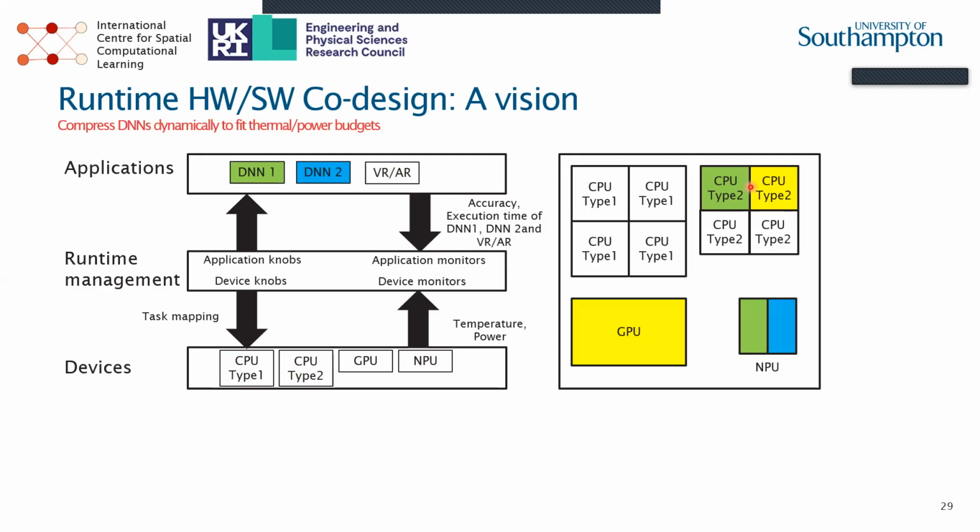So if neural networks 1 and 2 here are dynamic neural networks, what we can do is change the network to a smaller configuration, so we can share the NPU resources. I know this sounds a little bit crazy at this moment because the hardware really does not support such operation.